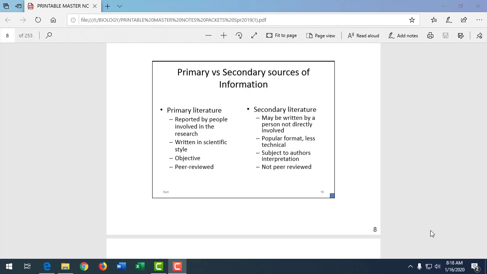Like if someone vomits, they vomited. That's objective data. If they say they're nauseous, is that objective data? Can I verify nausea? I can tell you right now I'm nauseous. Could you verify that? No. That's subjective data. So subject to an author's interpretation, subjective data.